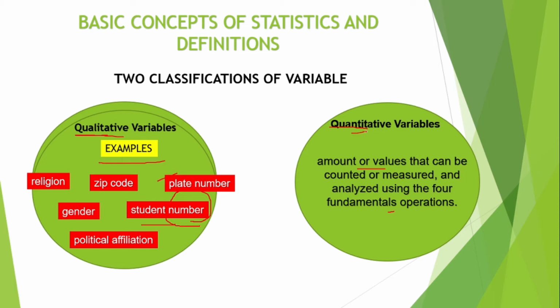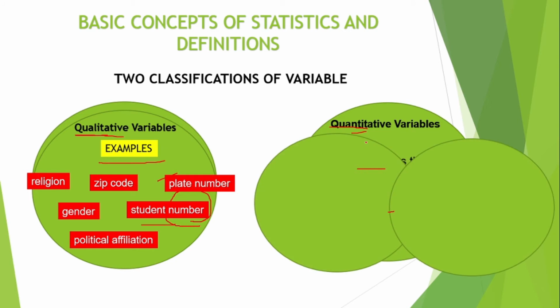Number na yung pinag-uusapan. There are two classifications of quantitative variables, the discrete variable and then the continuous variable. What is the difference between the discrete variable and the continuous variable?